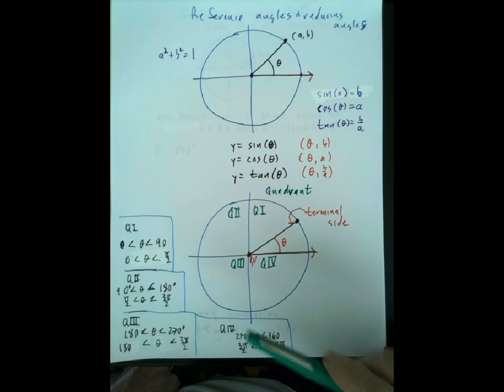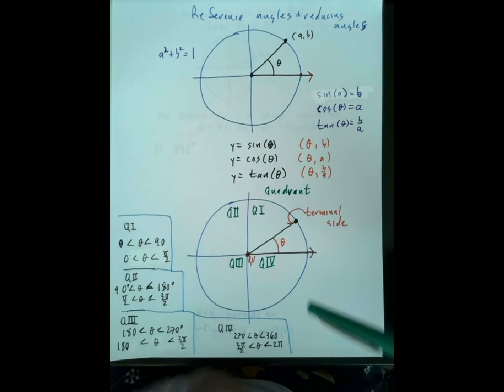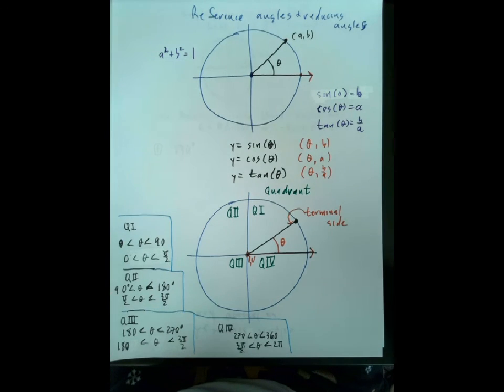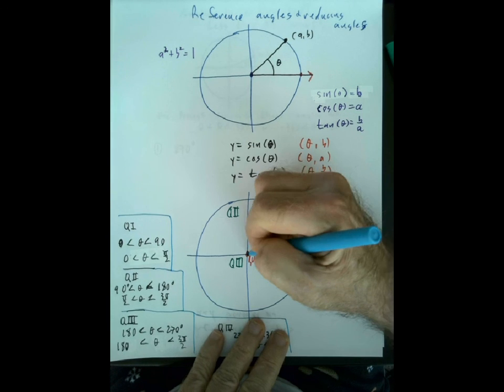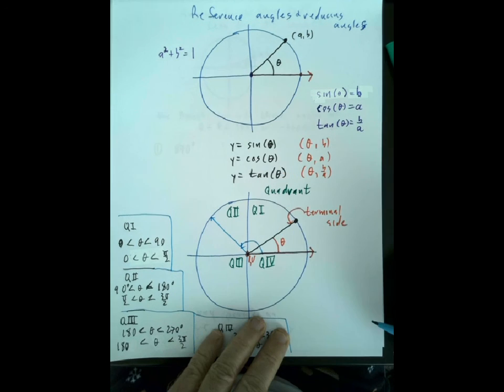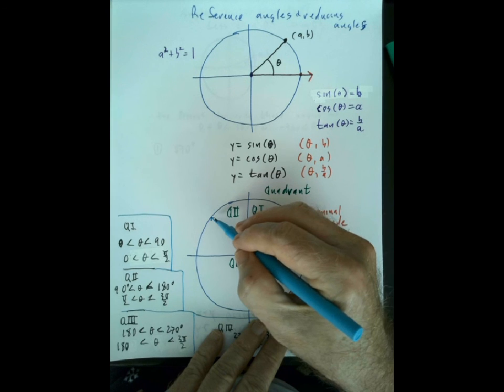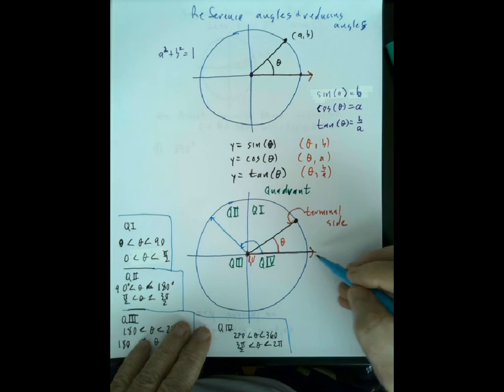Okay, and by the way, for radians, that's between pi over 2 and pi. Then Q3, that's down here. I'll draw it out here. That would be a Q2 angle right there, because the terminal side falls into the second quadrant after starting over here.